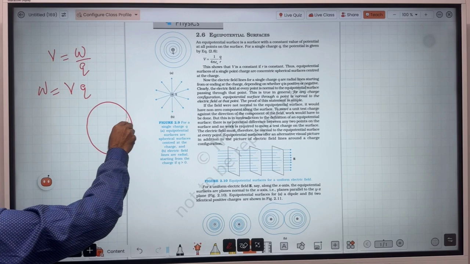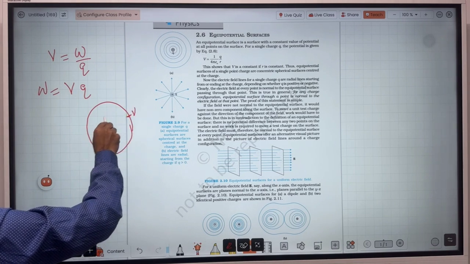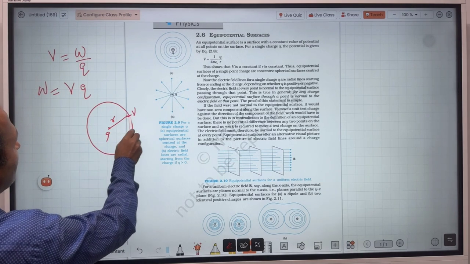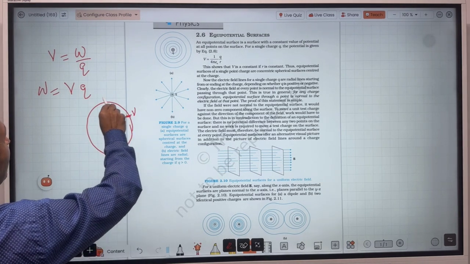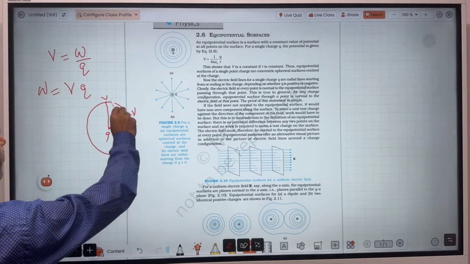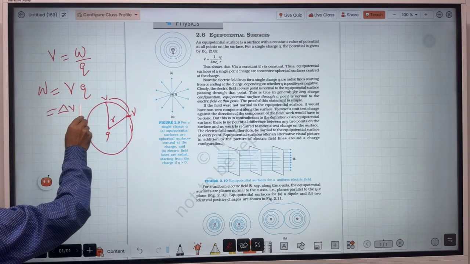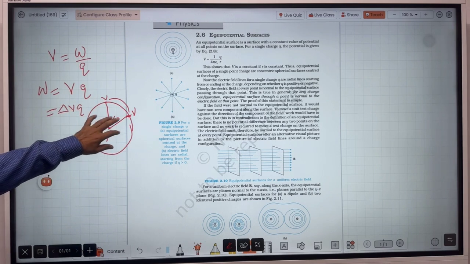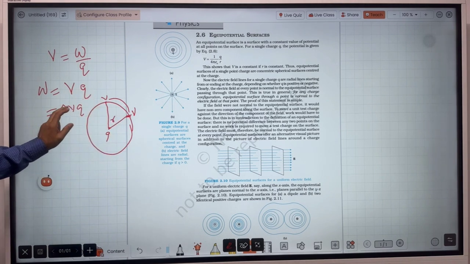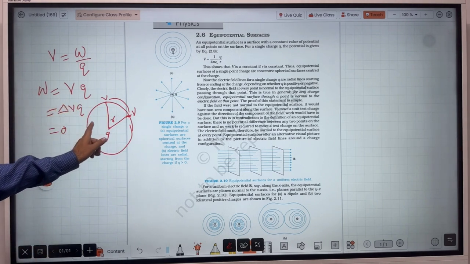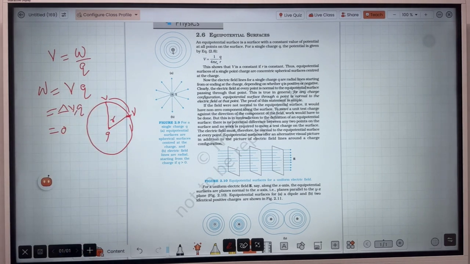In this case, suppose we take potential here V and this separation is R from the charge. So here potential is V. At this point the potential will also be V. So if you find the potential difference, in place of V you write delta V into Q. Since this is an equipotential surface, delta V will be 0. So what have you got? Work done in moving any charge on an equipotential surface is 0.